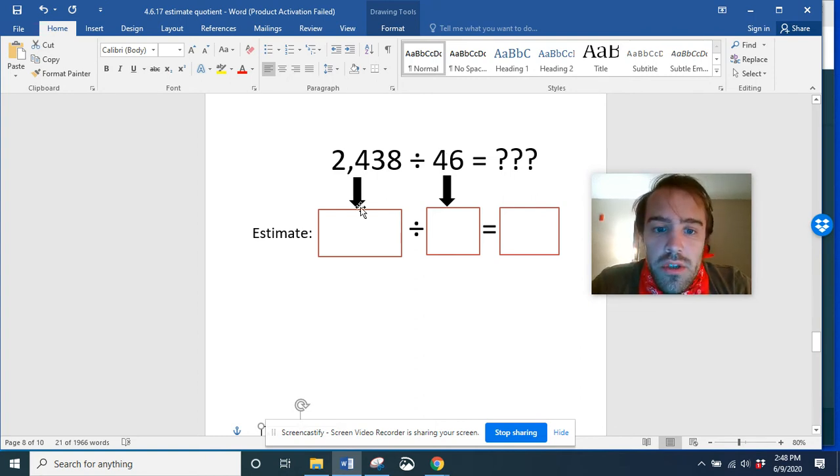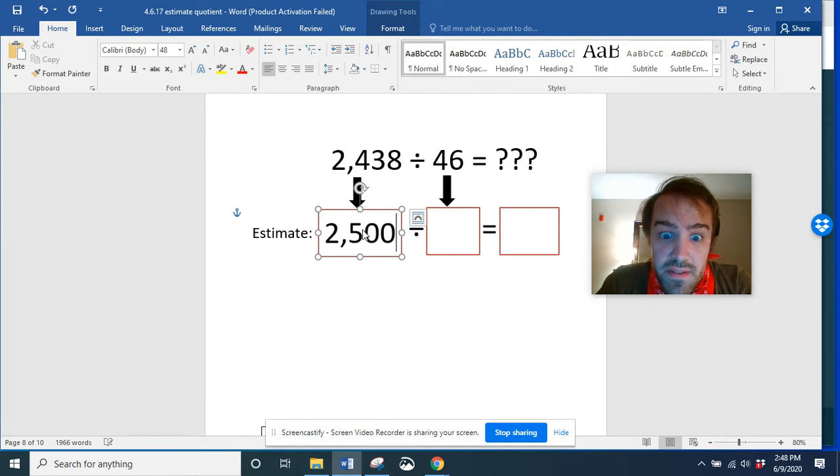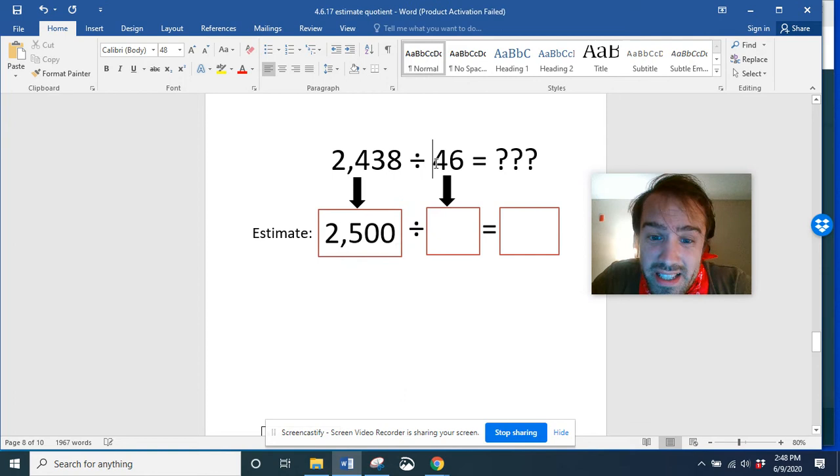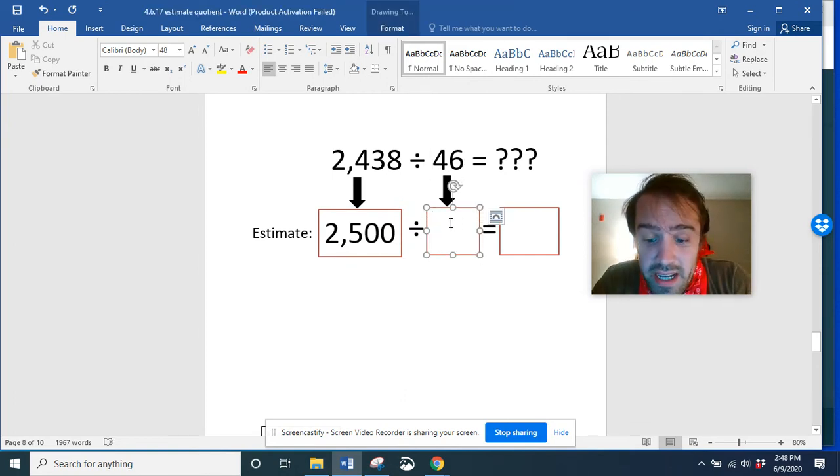So for example, I'm looking at 2,438 and I'm thinking, oh, a friendly number that's really close to that is 2,500, right? And that starts with a 2 and a 5. I know a math fact that gets us to 25, 5 times 5, right? And since I have a 46 here, I can make that more friendly right now by changing it into a 50, rounding that up to 50.